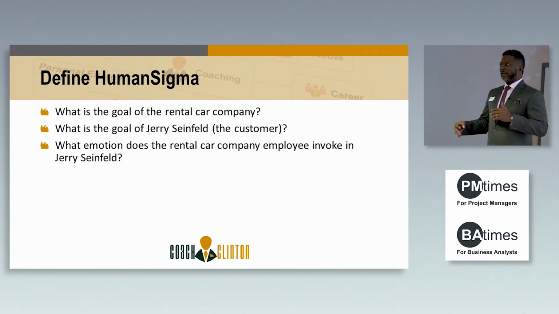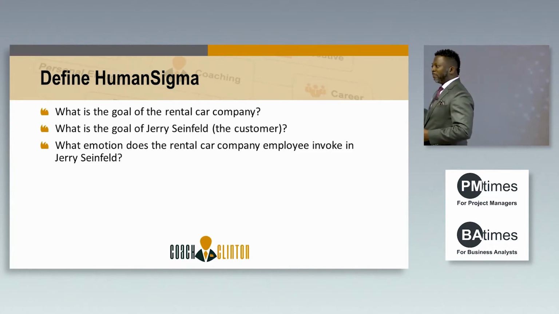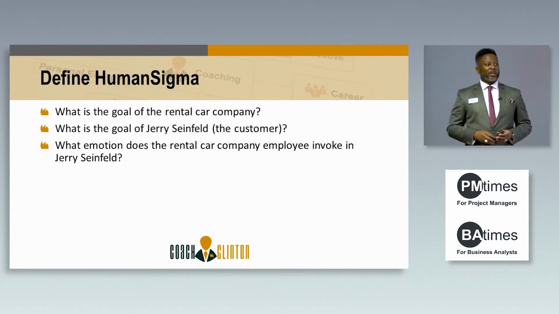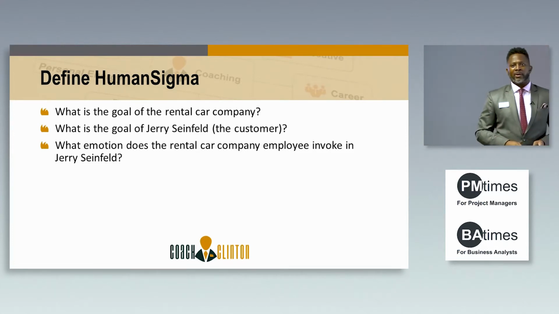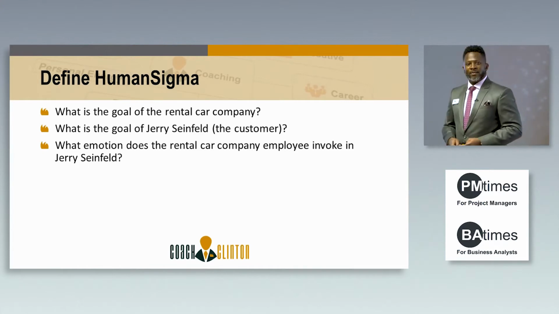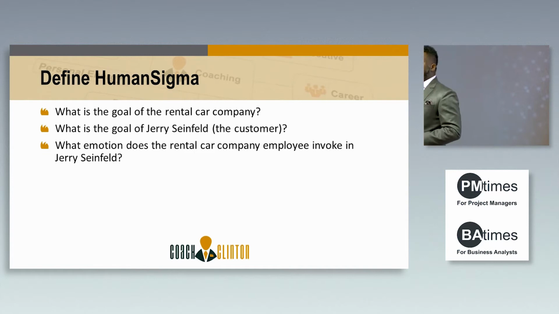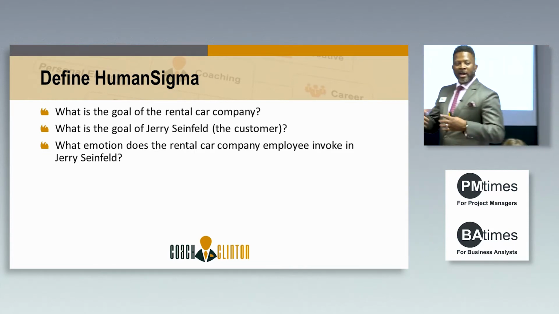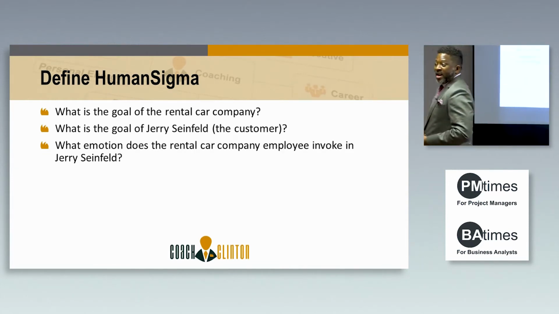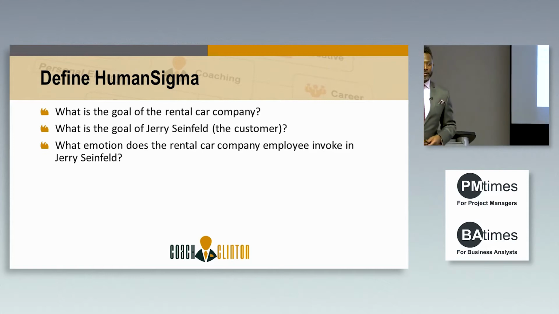When he goes in, he talks to the lady at the counter. What emotion does she evoke with him when she says, oh, we can't do anything for you? He's frustrated, right? So even if the car had been ready and he grabbed it and left, he probably wouldn't have anything to say about that experience, correct?